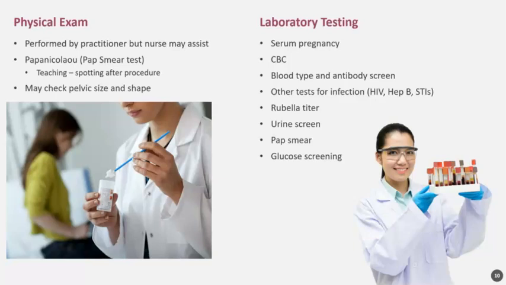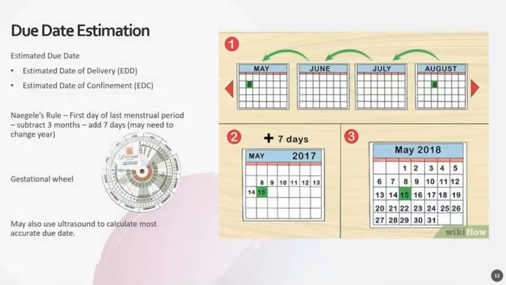Other tests for infections such as HIV, Hep B, and STIs may be performed. Rubella titer should be done, and then a urine screen to culture for bacteria may be performed. A pap smear, just like we talked about earlier, may be performed just to rule out cervical cancer or anything like that. And then a glucose screening should also be performed.